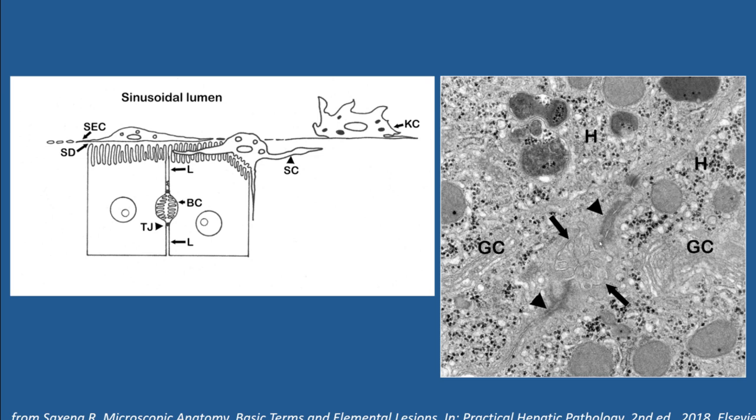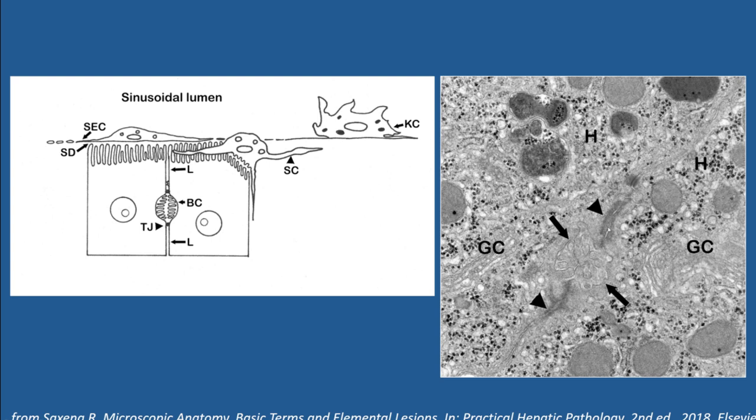The other thing is, you notice how the bile canaliculus is sealed off by tight junctions. So over here, it is sealed off by tight junctions because you don't want this bile to get into the bloodstream, for example, because here we have the sinusoidal space and the perisinusoidal space. And we don't want the bile to go in there because bile is a highly noxious substance.